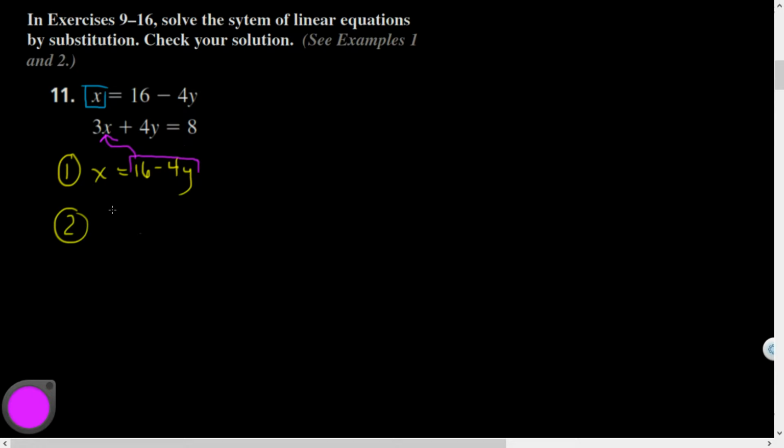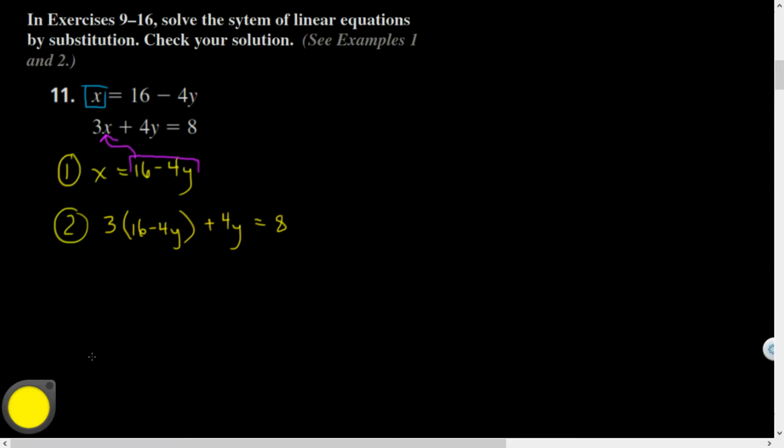So step 2, you plug this expression into the other equation's x, and we'll solve for the remaining variable. So 3 times, instead of x, I'm going to put parentheses 16 minus 4y, and then plus 4y on the outside equals 8. So the entire x has been replaced with this expression, as you can see.